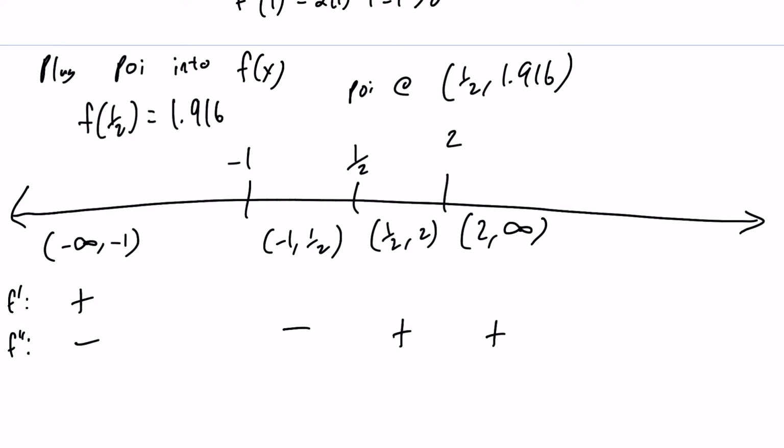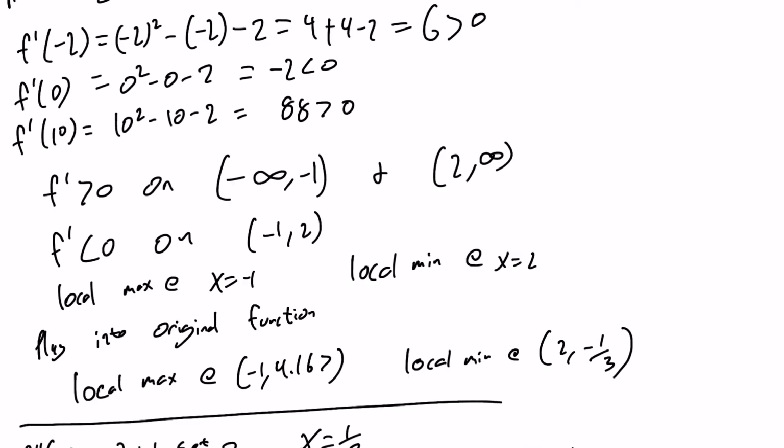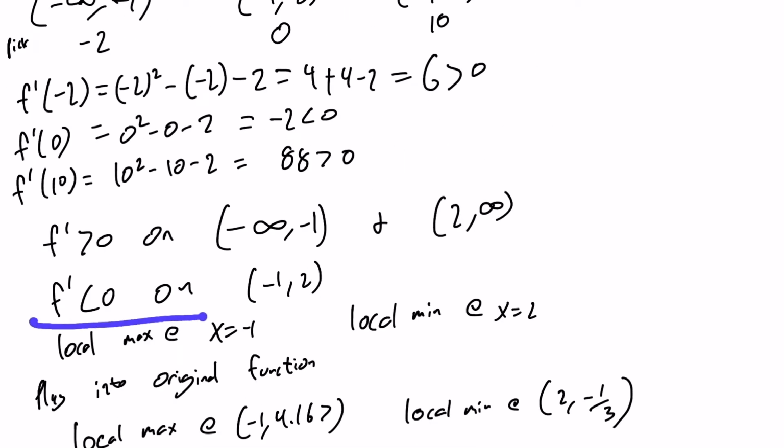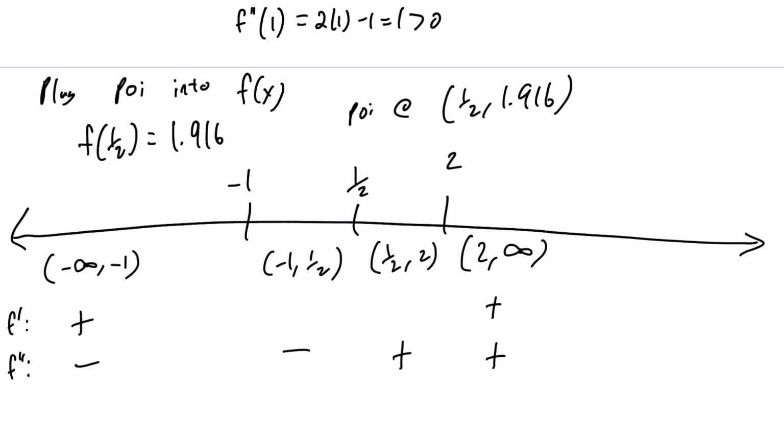So we're positive there. And then we also know that the first derivative is less than 0 on the interval from minus 1 to 2. So that's this interval here, the first derivative is negative.